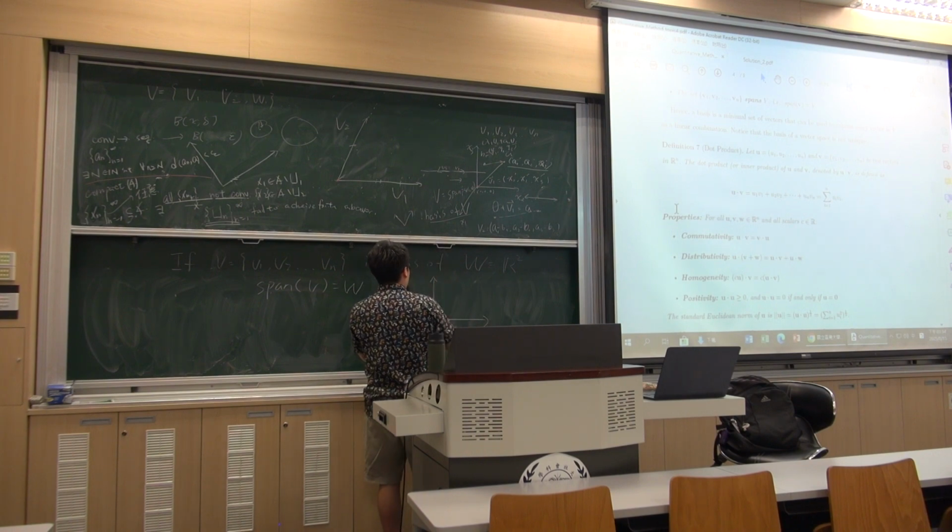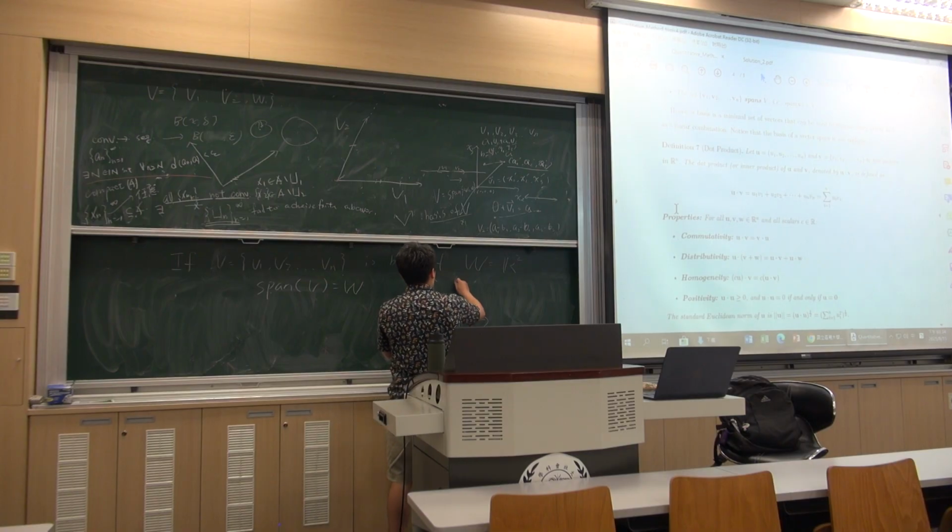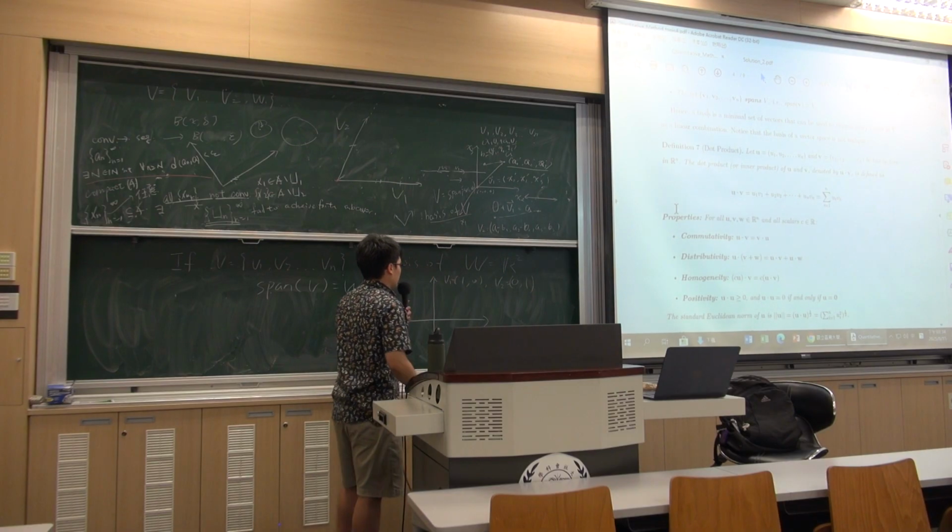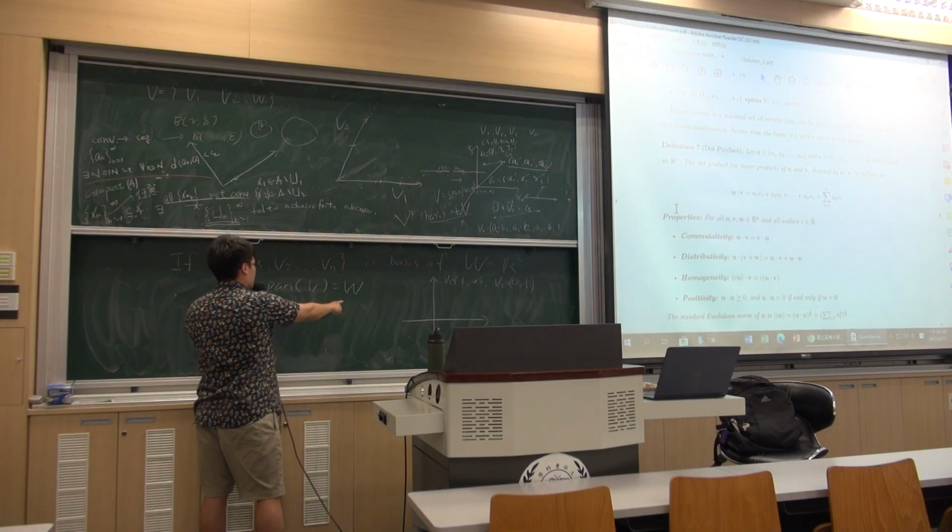The candidate basis can be (1, 0), which we call V1, and V2 is (0, 1). So how can we show this?